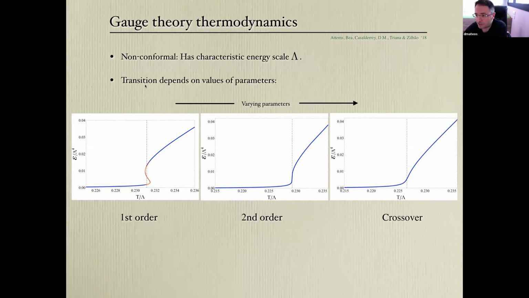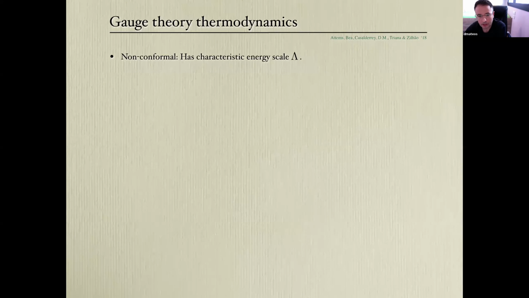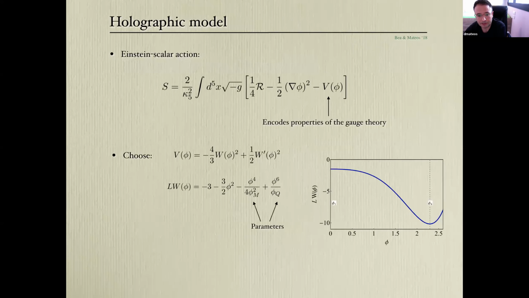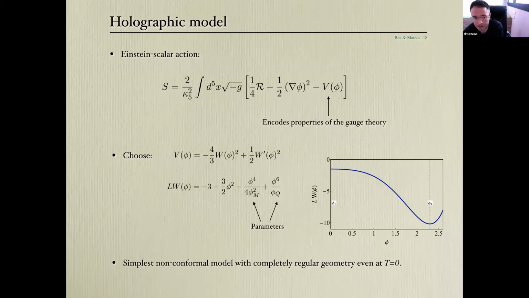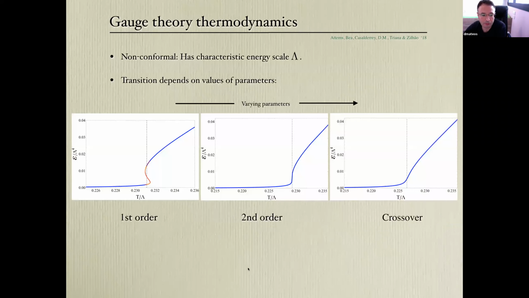And the transition in the gauge theory as a function of temperature depends on the values of these parameters here, phi m and phi q. So as you change those parameters, you change the potential, and that changes the gauge theory. And you can go from a gauge theory that has a first order phase transition, as you see here, in a plot of energy density as a function of temperature.